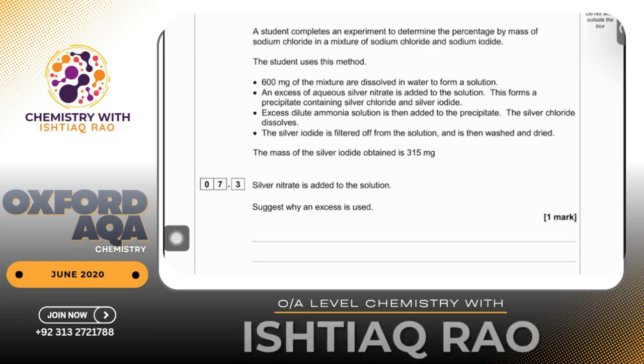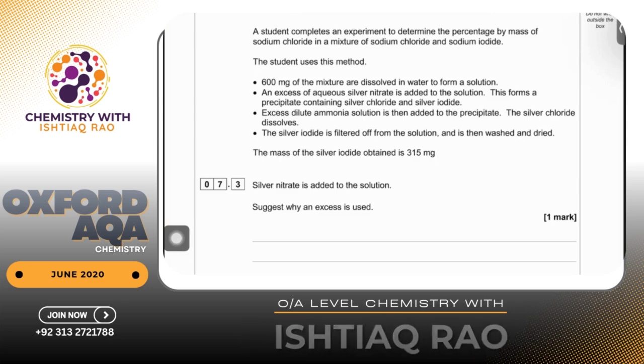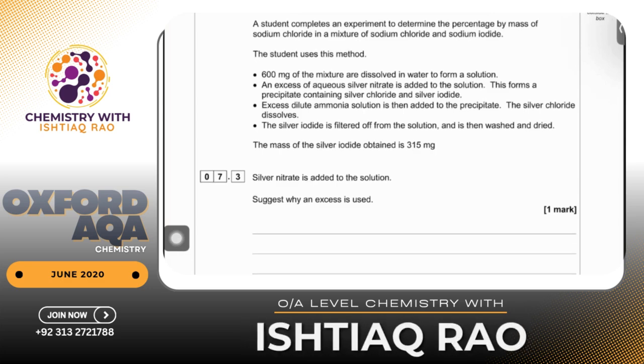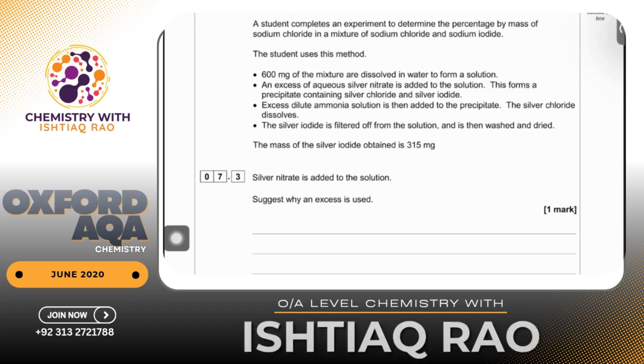Yes. Basically, a student completes an experiment to determine the percentage by mass of sodium chloride in a mixture of sodium chloride and sodium iodide. The student uses this method. 600 milligrams of the mixture are dissolved in water to form a solution.